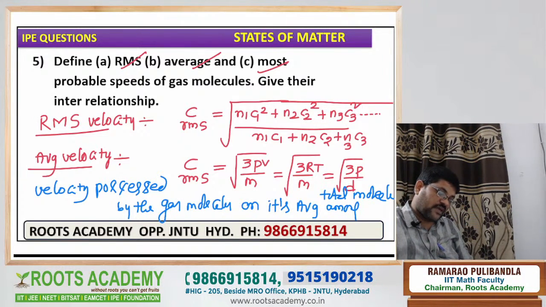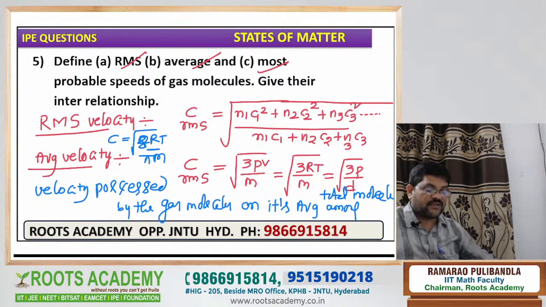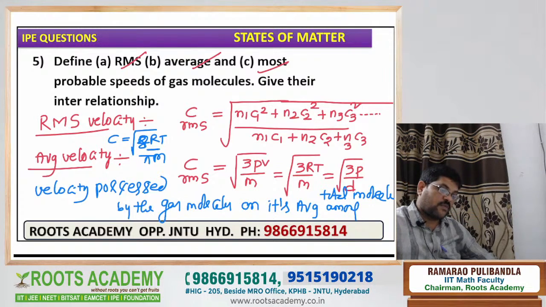Therefore, average velocity C bar is equal to root over 8RT by pi M. That is the formula for average velocity.